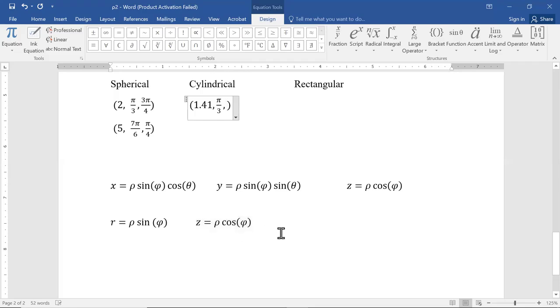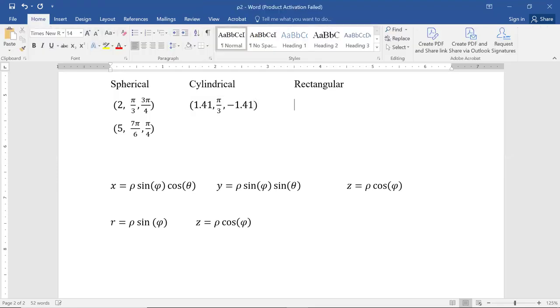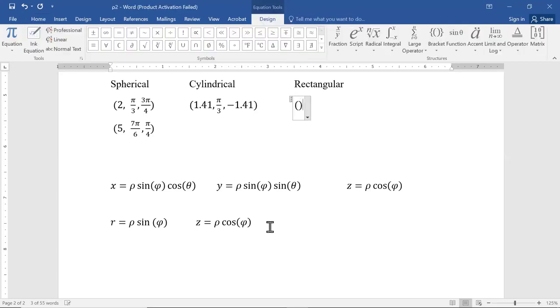So that is going to be 2 times cosine of 3 pi over 4, which is about negative 1.41. So a little bit quicker going from spherical to cylindrical because the conversions are a little bit easier to deal with. Not super quick, but still.